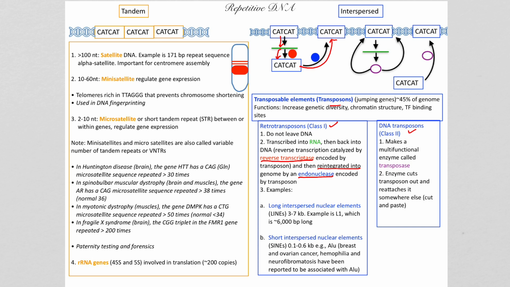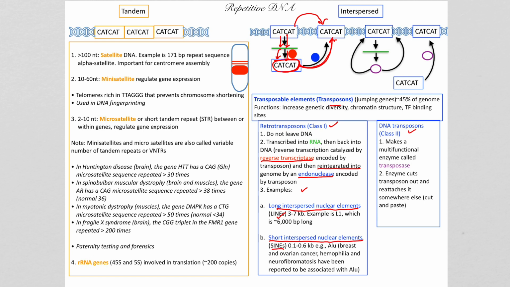In this fashion, by copying its sequence and then inserting it somewhere else, this gene has jumped to another part of the DNA. Examples of these class 1 retrotransposons include long interspersed nuclear elements, or LINEs, as well as short interspersed nuclear elements, or SINEs.